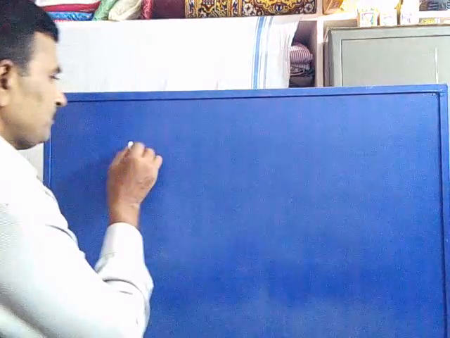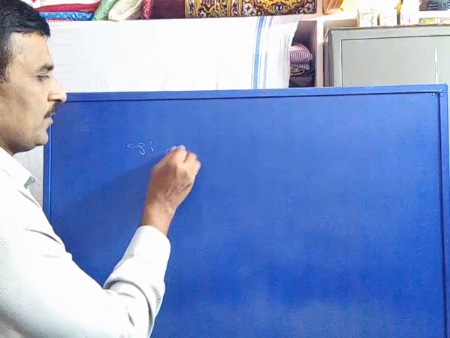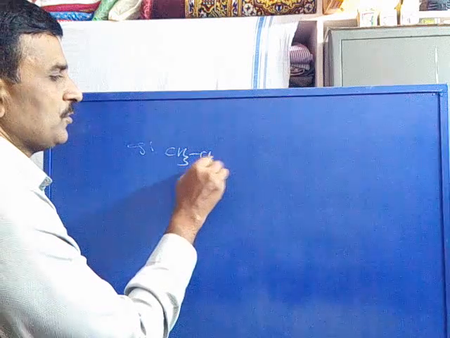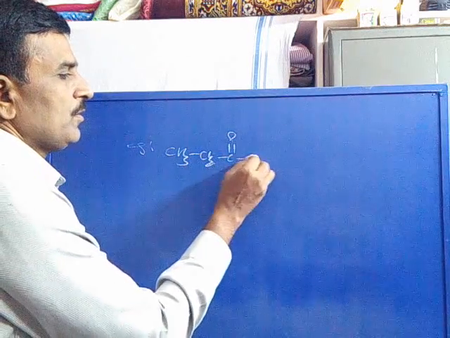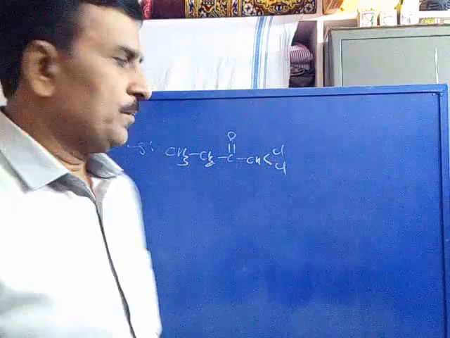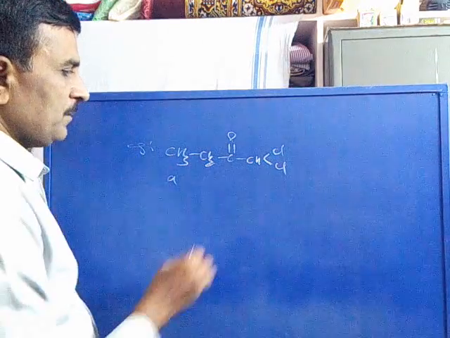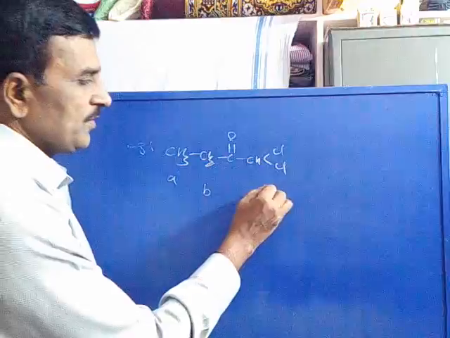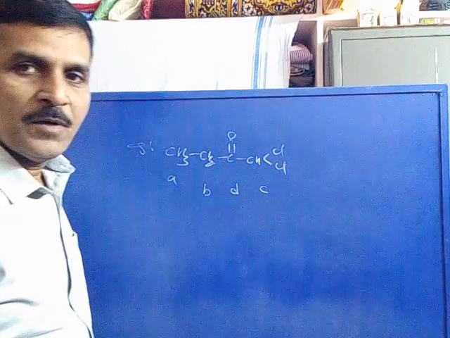For example, CH3, CH2, C double bond O, CHCl2, dichloro-2-butanone, where this is A carbon, this is B carbon, this is C carbon, this is D carbon.